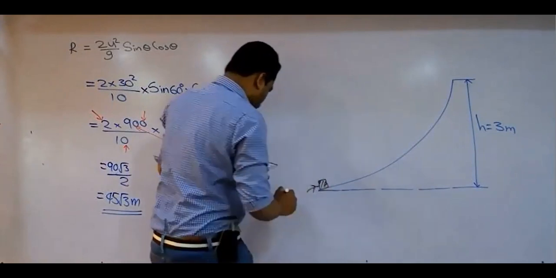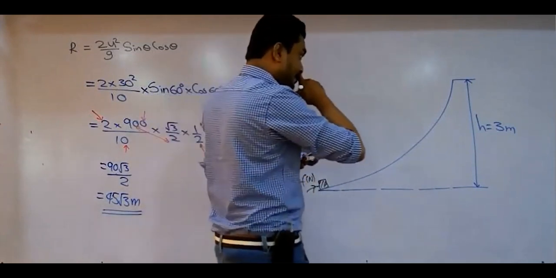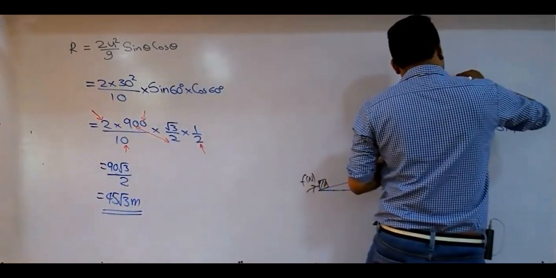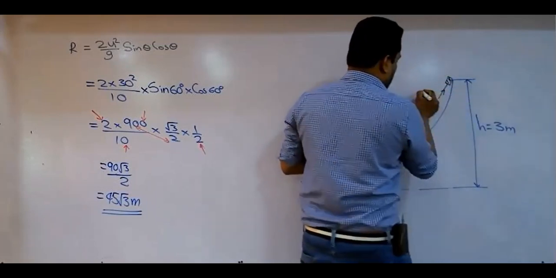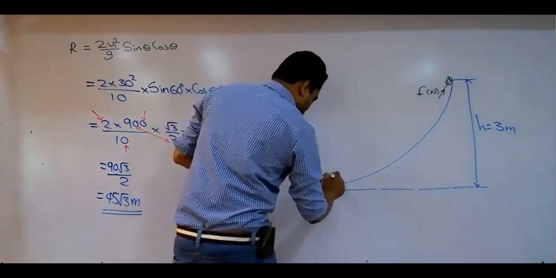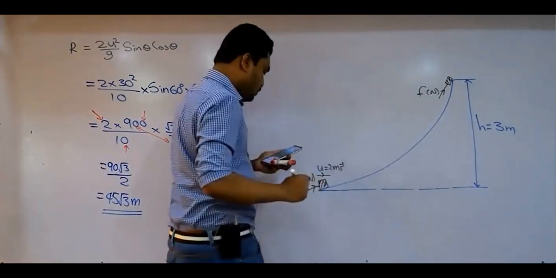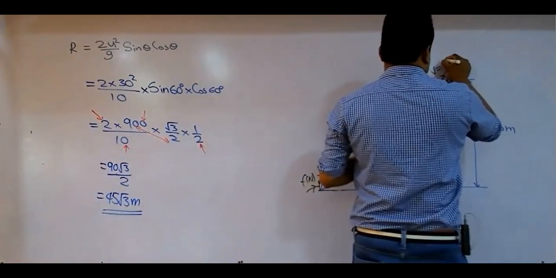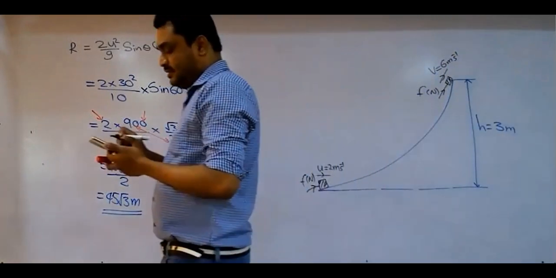The applied force is F Newton, its magnitude not given. It says only it is F Newton. The velocity increases from 2 meters per second to 6 meters per second. That's the only thing they have.